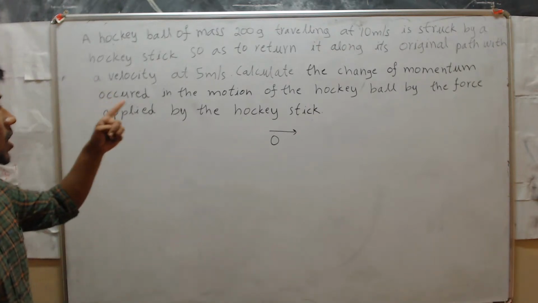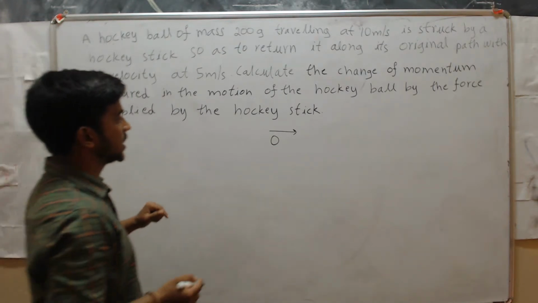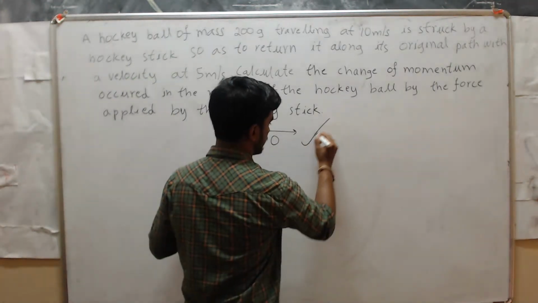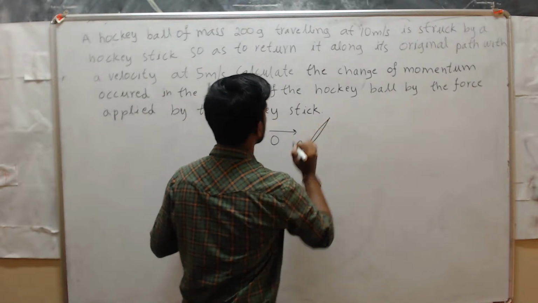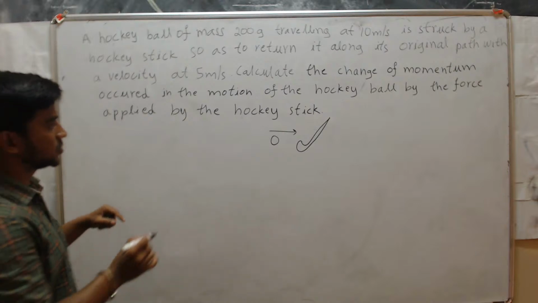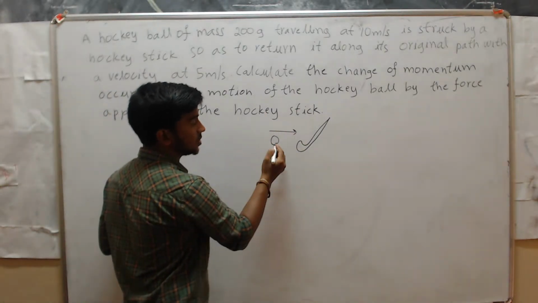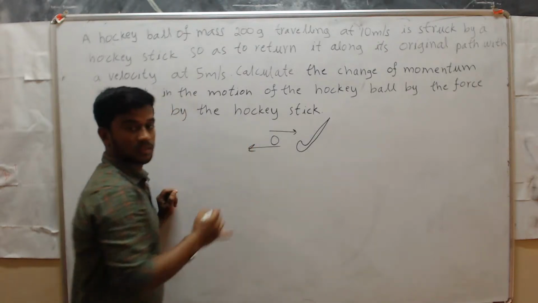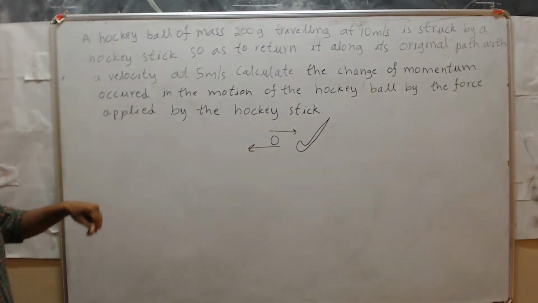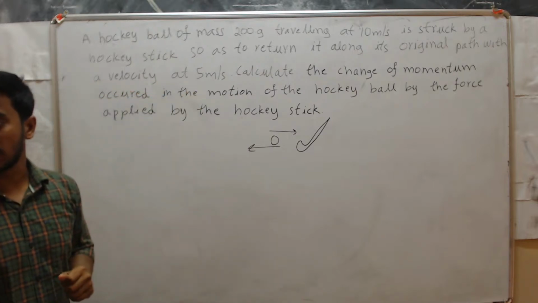It is struck by a hockey stick. So it has to return along its original path. So this is the path. After being struck by that hockey stick, it returns along its original path with a velocity of 5 meter per second.